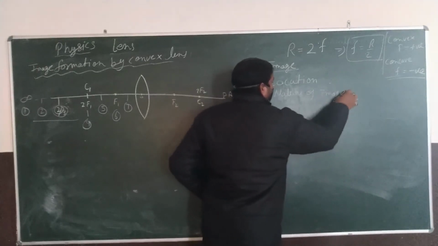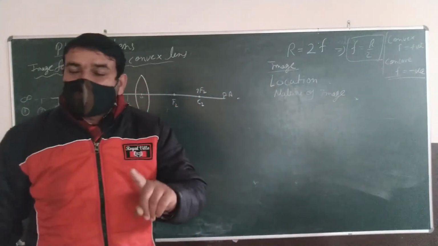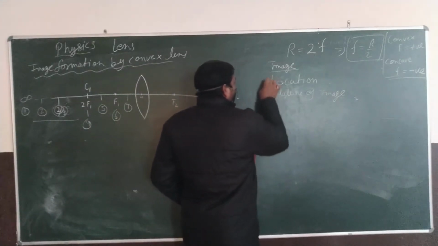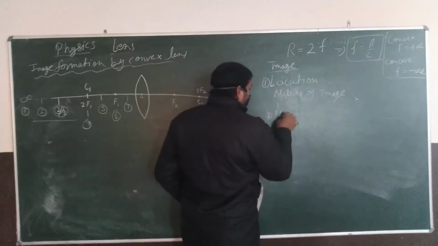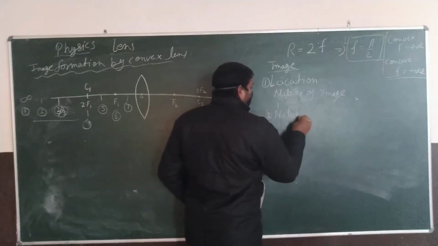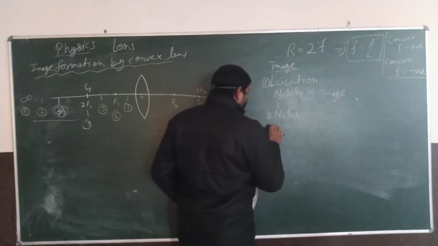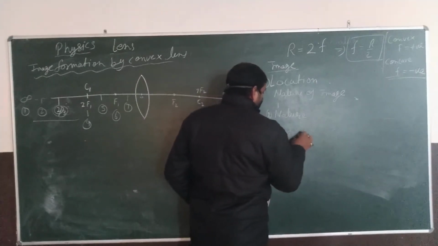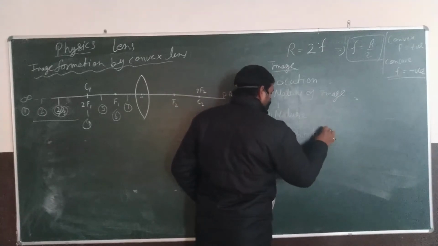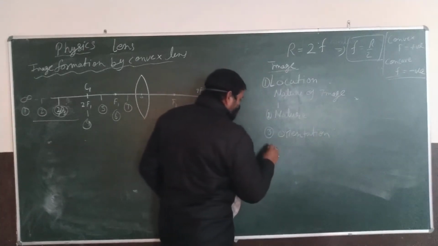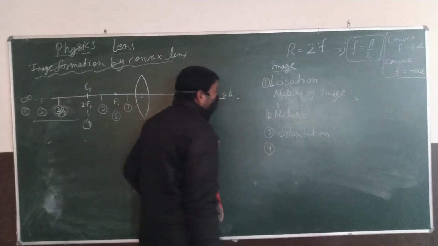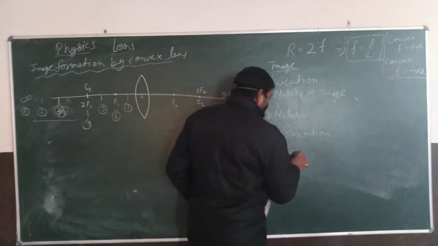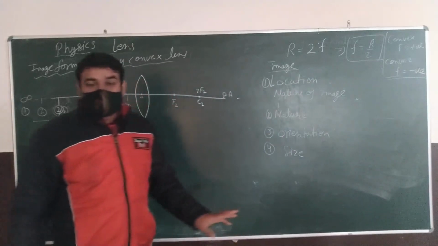In nature of image, three characteristics are there. One is nature, second, third is orientation, and fourth is size. These are the four things.